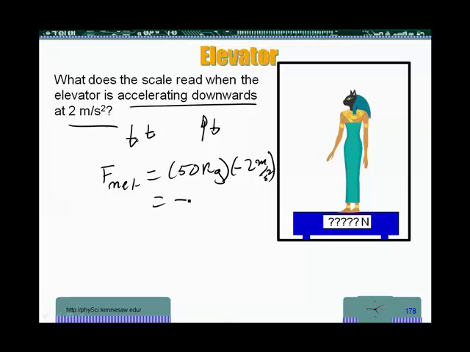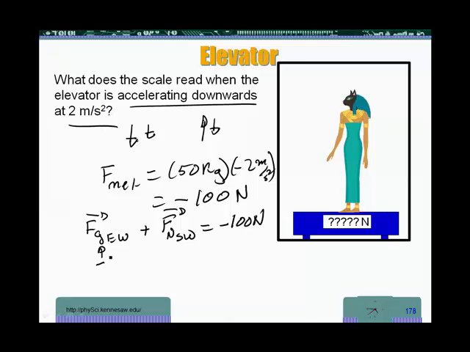So that's going to be minus 100 newtons, which means when I write the sum of my forces, the gravitational force Earth on woman plus the normal force of scale on woman is going to be equal to minus 100 newtons in this case.